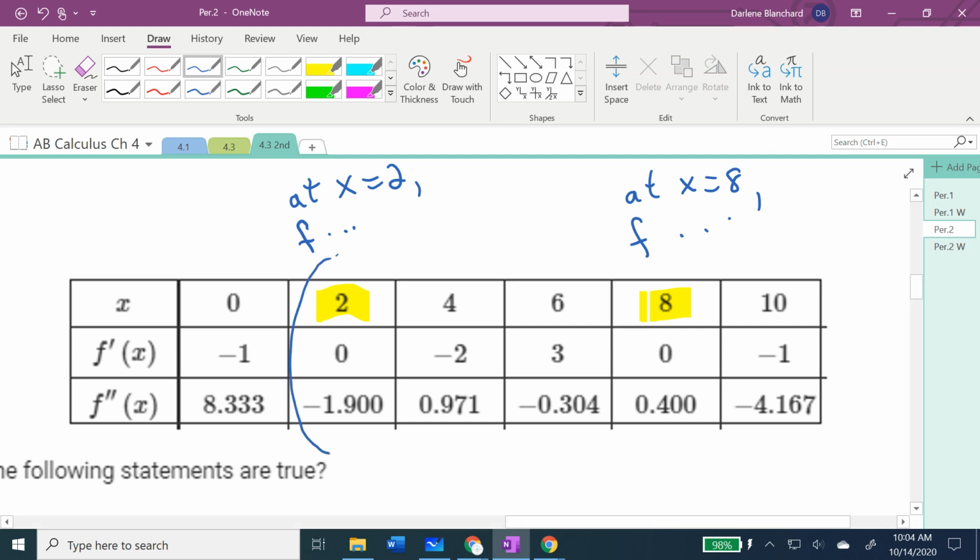If you know you have full continuity going on, second derivative continuity and everything, this says when x is 2, you have a 0 slope and a negative second derivative. What does that mean?